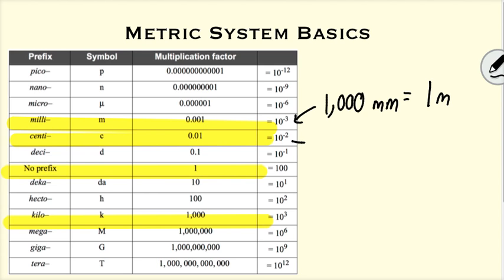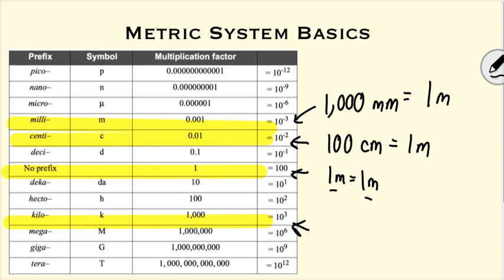Okay? For centi, there are 100 centimeters in 1 meter. Okay? This is the base unit. There's 1 meter in 1 meter. No prefix there. And for kilo, it's 10 to the positive 3.